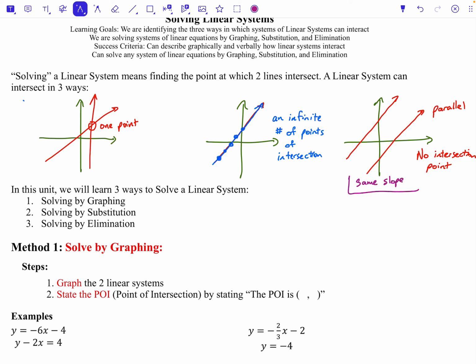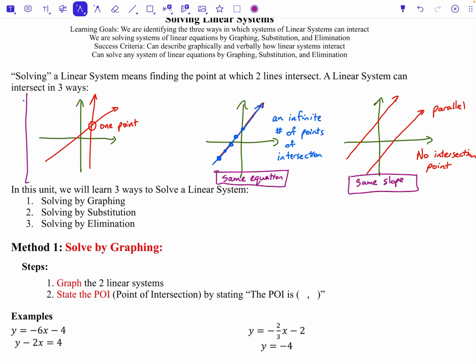This would be key to this situation. They have the exact same slope, but they would have different y-intercepts. The infinite case would be the same equation, 2 equal equations, like y equals 2x plus 1 and y equals 2x plus 1. Obviously, those 2 are the same line, and so they always intersect. They're the same.